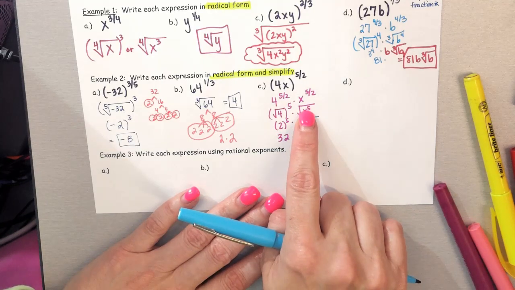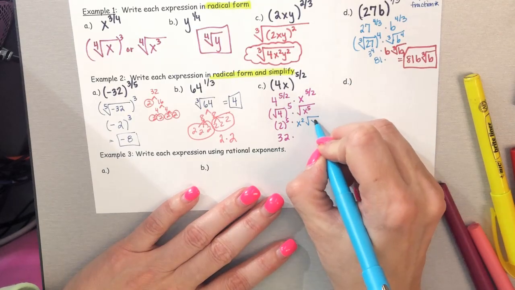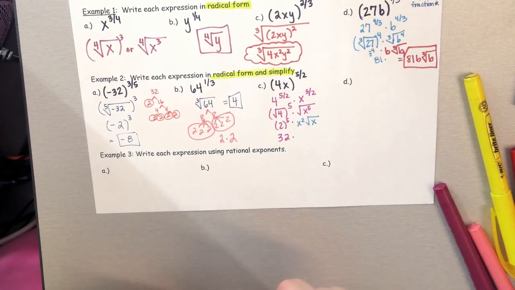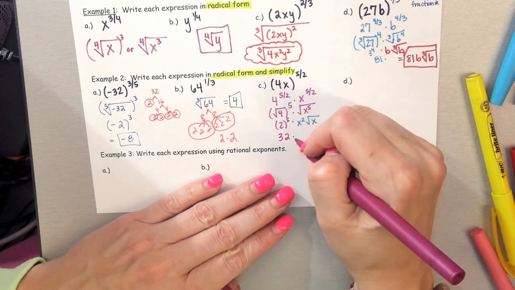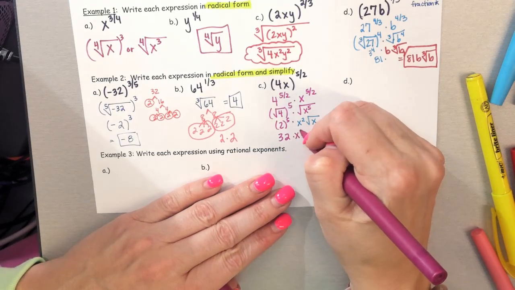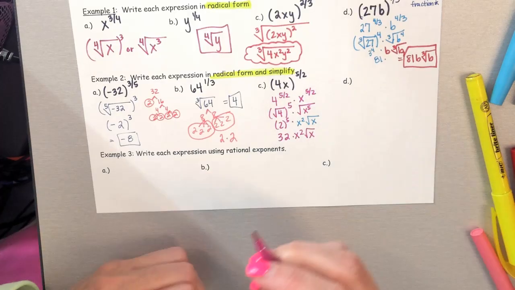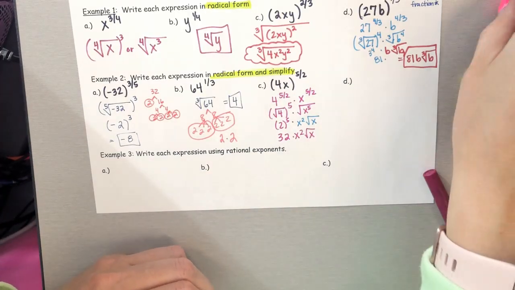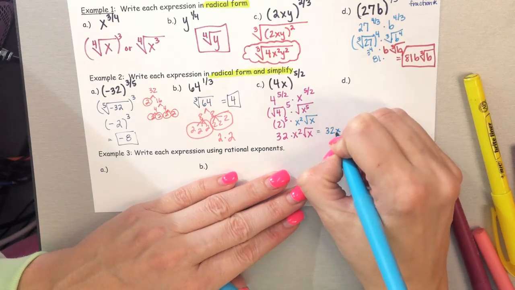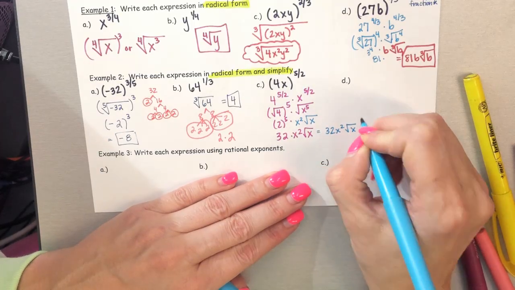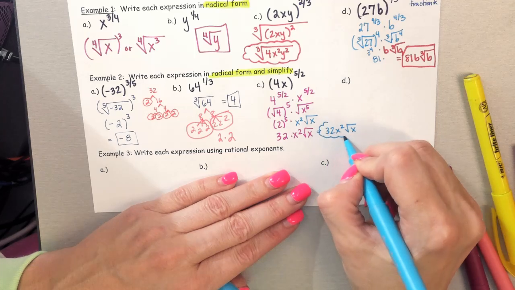So if you subtract 5 minus 4, you have 1 left over. So your final answer is going to be 32 x squared root x. I'm going to write it without the multiplication in there. So 32 x squared root x. That's going to be your final.